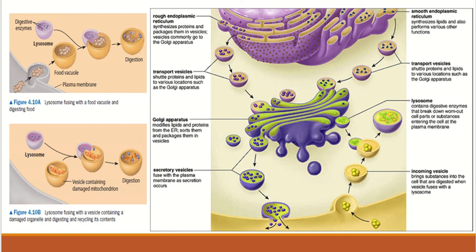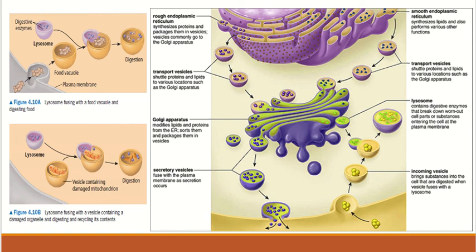So to give you an idea on how the whole endomembrane system works, you have to take a look at this figure. In here, it summarizes the whole endomembrane system.